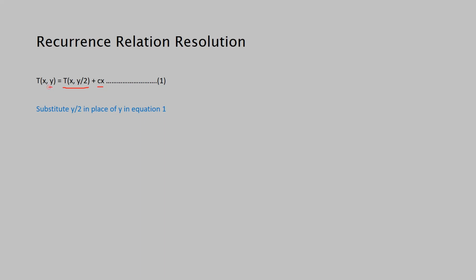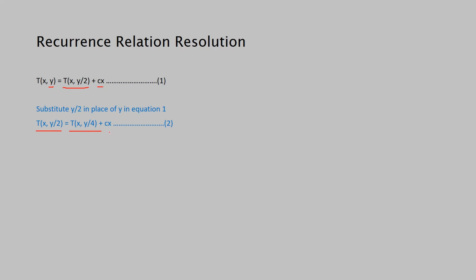So we need to find out the value of this. The time taken for T of x, y by 2 will be equal to the time taken for x and y by 4, because we will have to divide the y input further, plus cx.